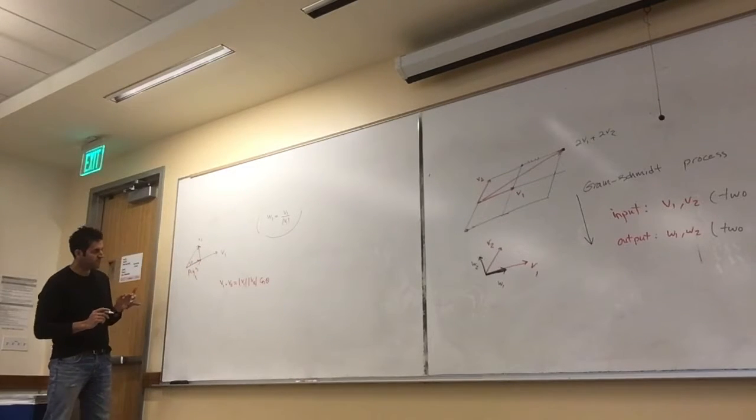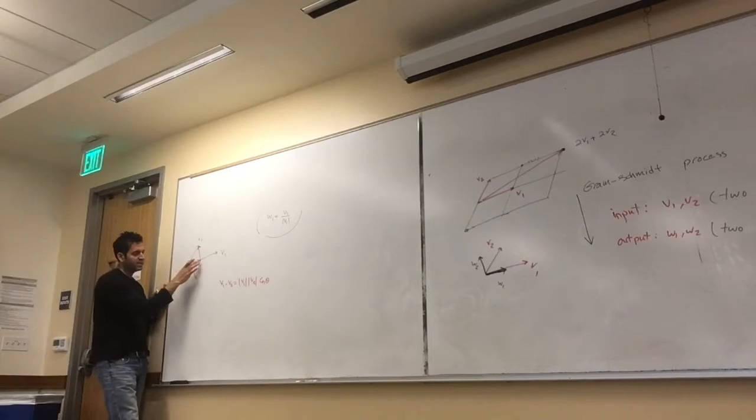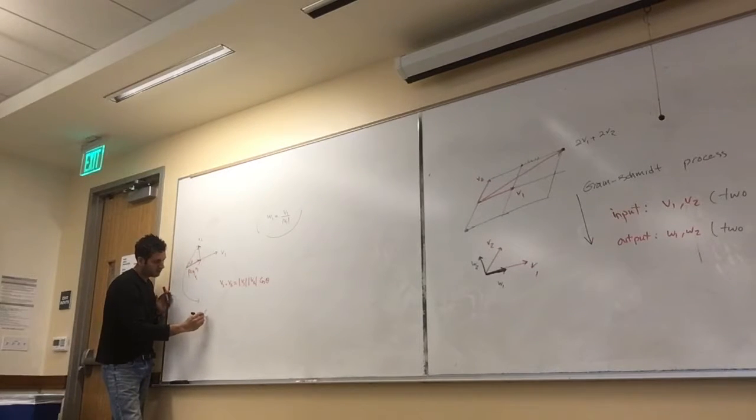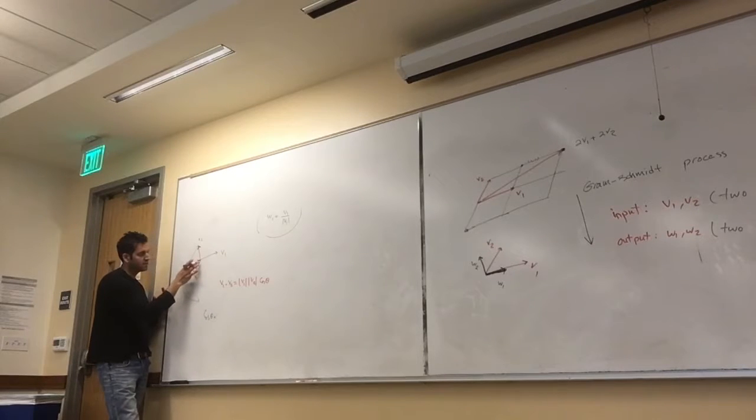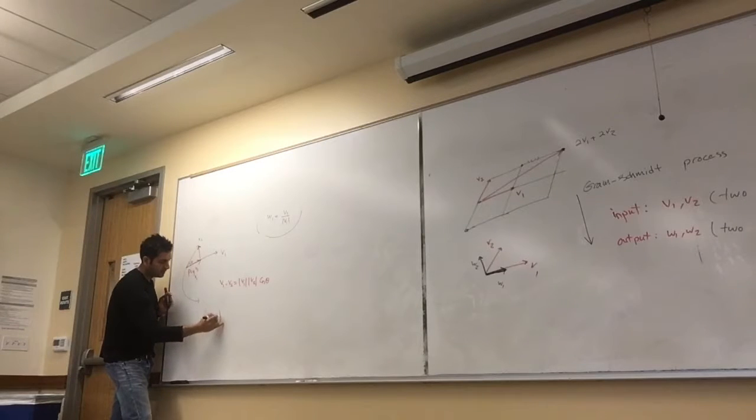Now, all projection is that if you look at this triangle and you want to find that size, you can use the law of cosine. What is the cosine of theta here? It is this over that, so it's the size of the projection over the size of V2.